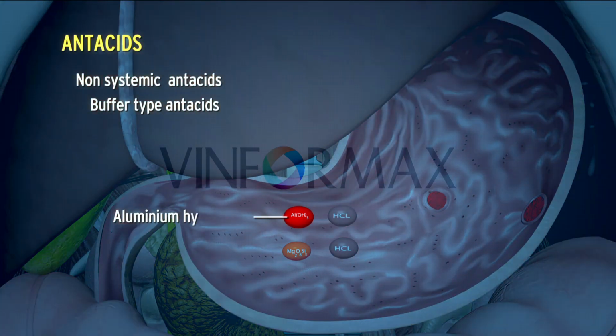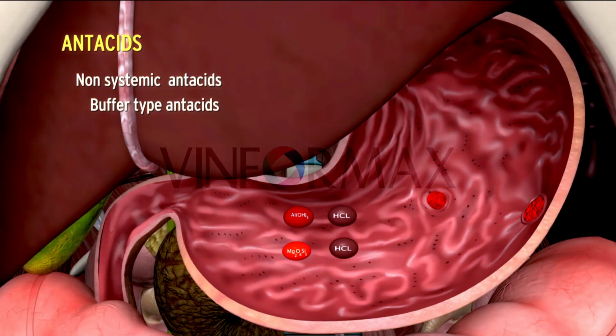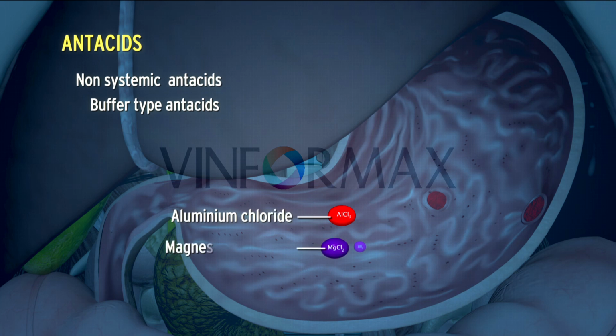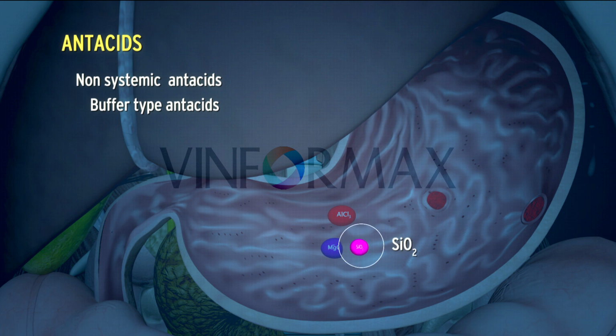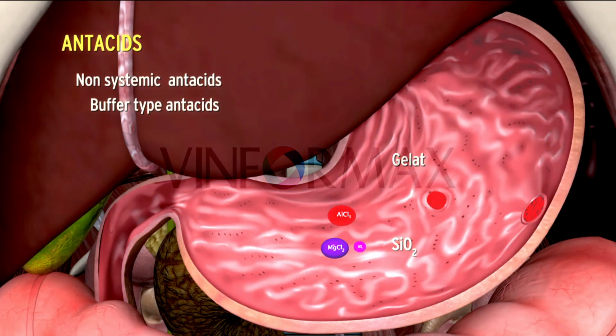Both aluminium hydroxide and magnesium trisilicate neutralize acid to form aluminium chloride and magnesium chloride respectively. Silicon dioxide formed during the neutralization reaction forms a gelatinous coating over the gastric mucosa and prolongs the antacid effect.